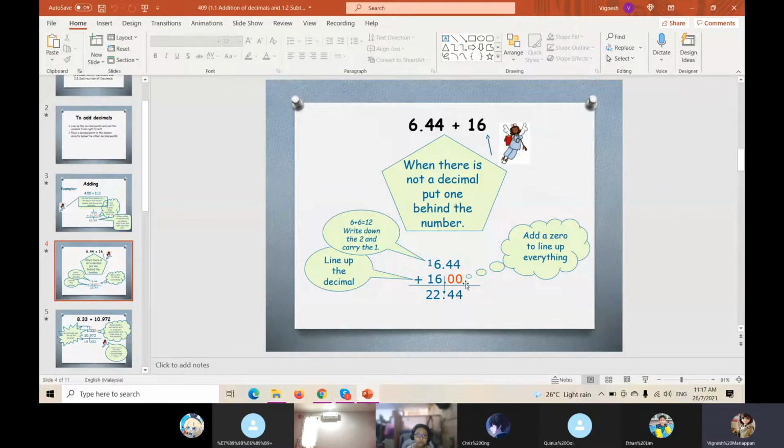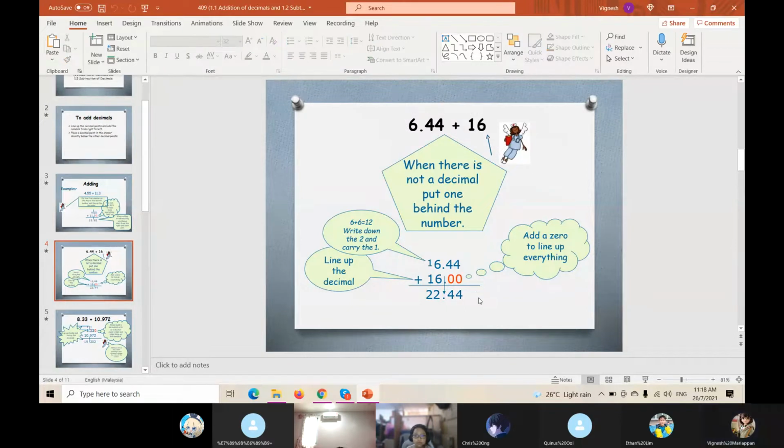Understand or not? Please don't put the 16 under the 44 when you are doing the addition. It's totally wrong. When a number that is not a decimal is given, you have to put a point after the number and then add the 0 here. Understand?